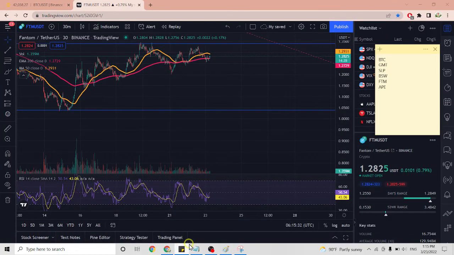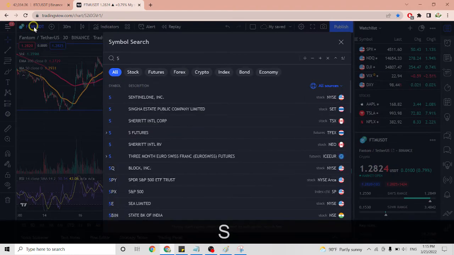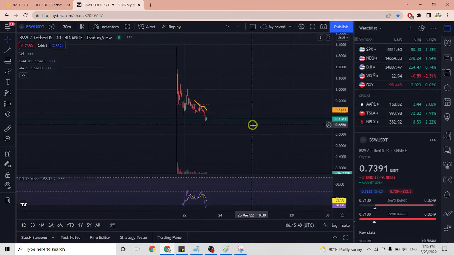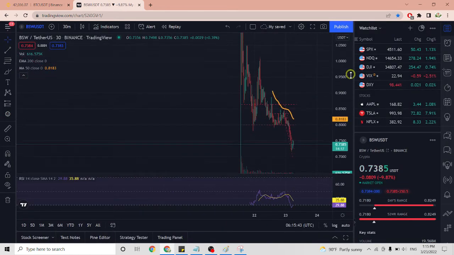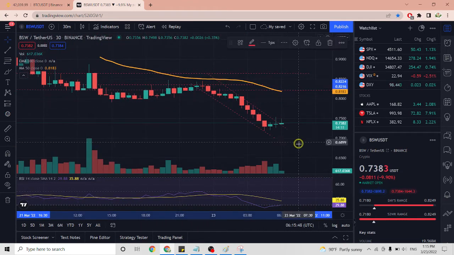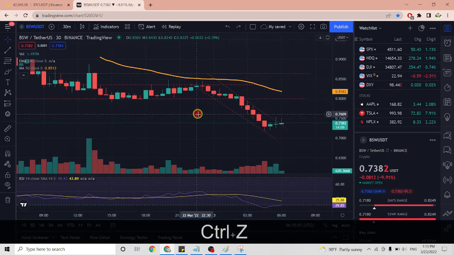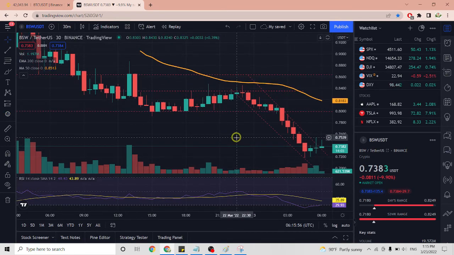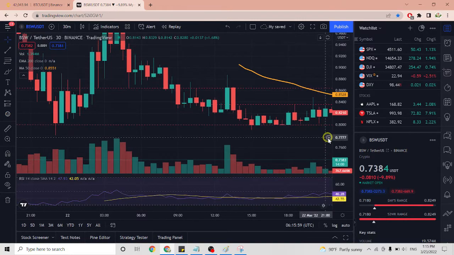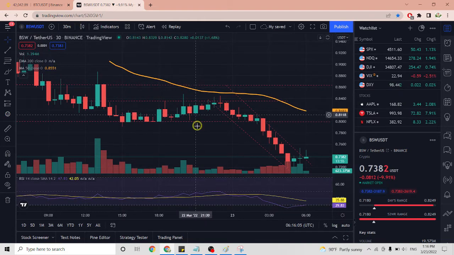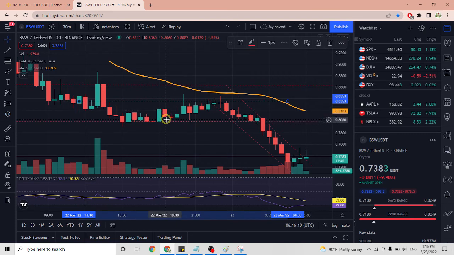Fake breakout. APE pair. This one. This is 30-minute. So this is the uptrend, this is the downtrend.